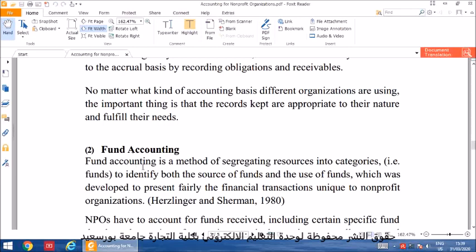Fund accounting is a method of segregating resources into categories, funds, to identify both the source of funds firstly and the use of funds secondly, which was developed to present fairly the financial transactions unique to non-profit organizations.